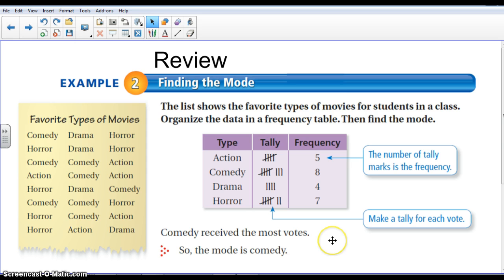Okay, so your mode in this case is comedy. That's the most often chosen movie, the comedy. Again, at this point, pause the video, do on your own number 3, and come on back.